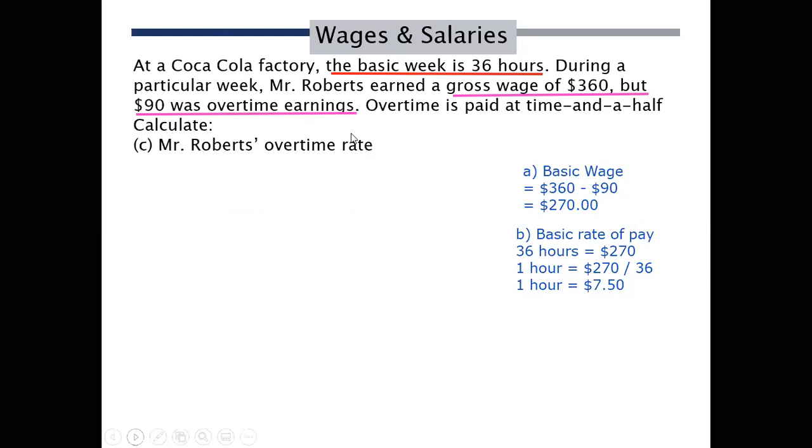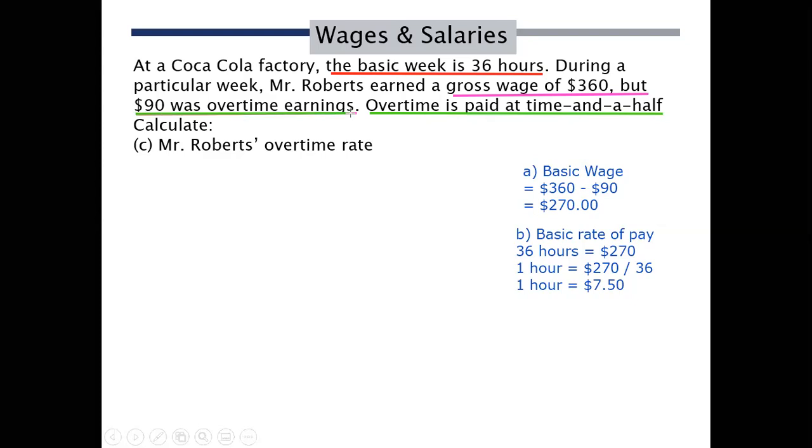Let's get into question C. Mr. Roberts' overtime rate. Again, the question has given me all that I need to find his overtime rate. So let's look at that. They tell me that overtime is paid at time and a half. And they also tell me that he gets $90 in overtime earnings.